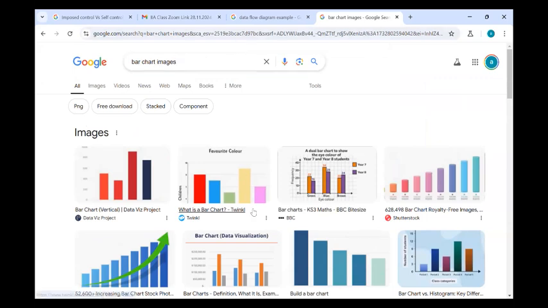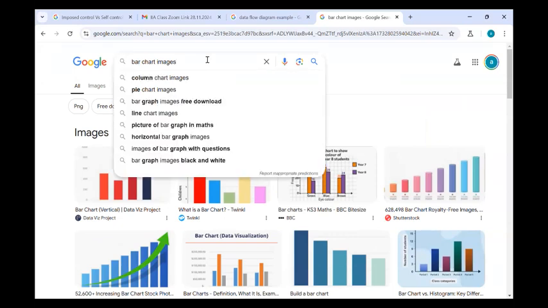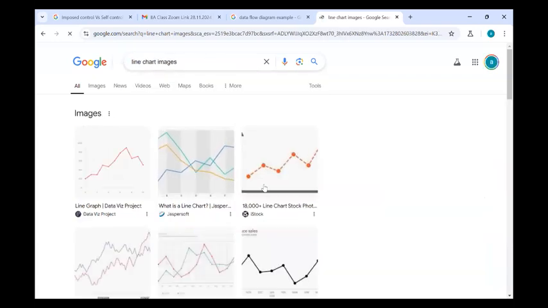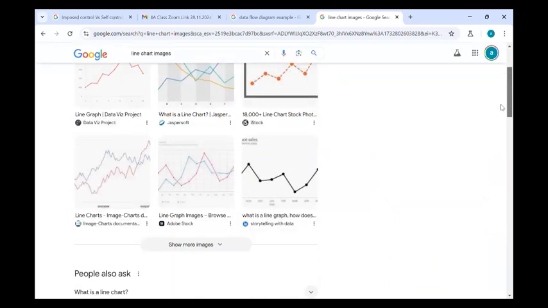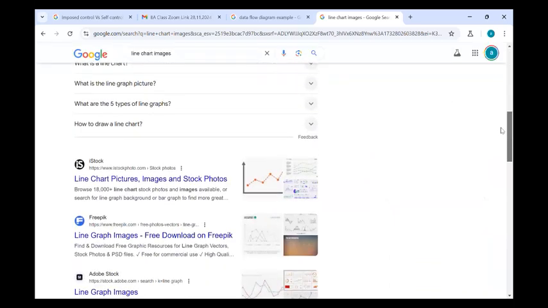Then what else? Then there was another chart: pie chart, bar chart, line charts. These are line charts, right? They may ask you about line charts at the exams. Can you see?